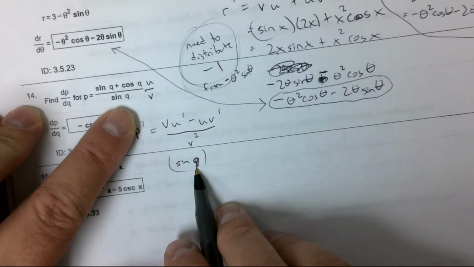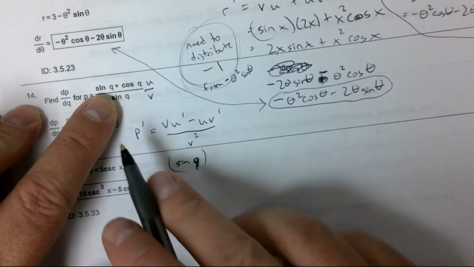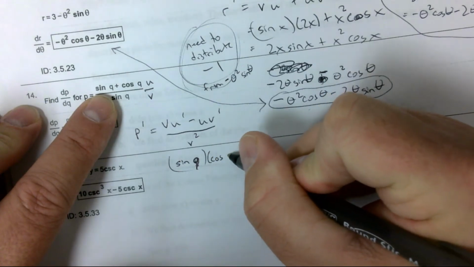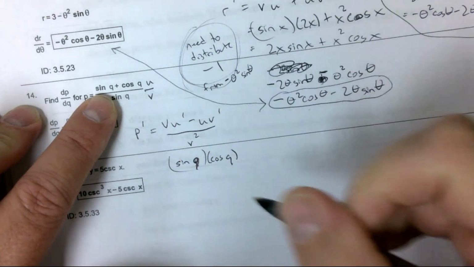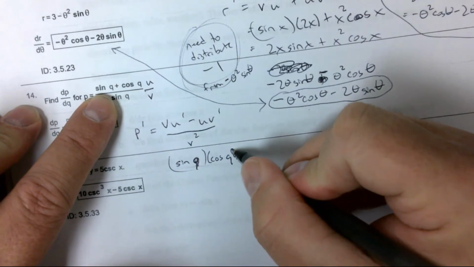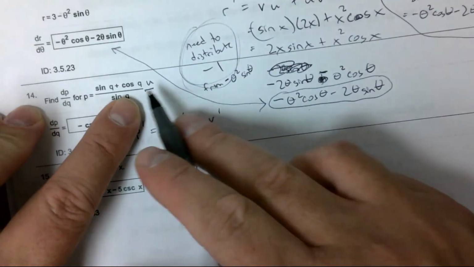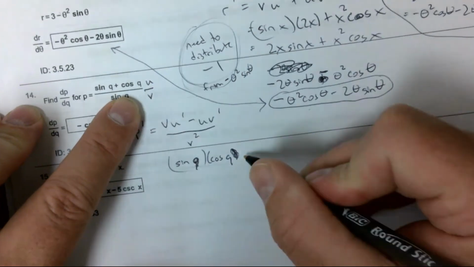Okay, so sine q times the derivative of sine is cosine. And then the derivative of cosine is negative sine.